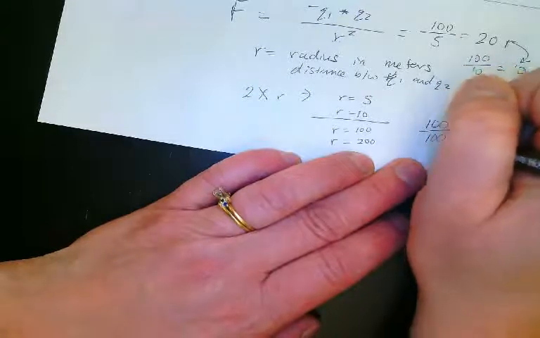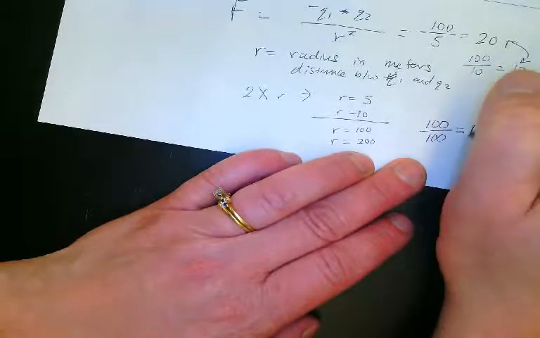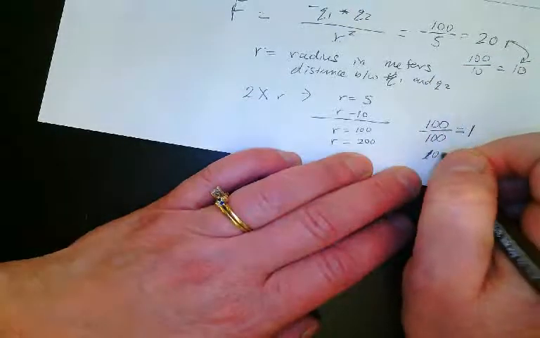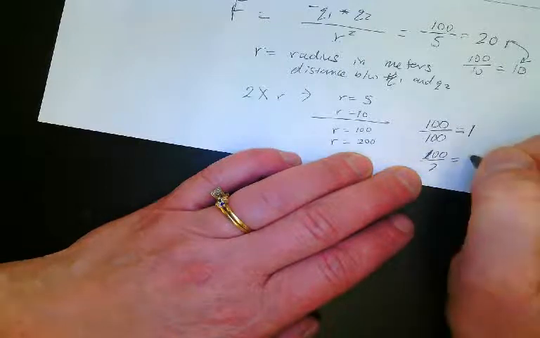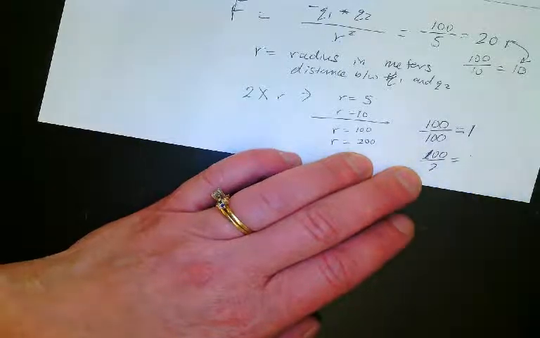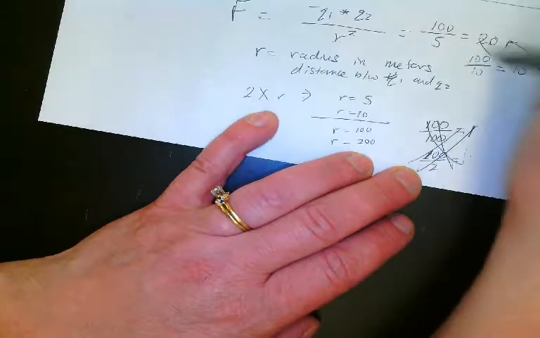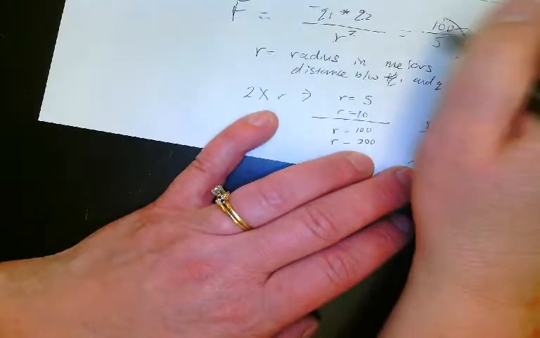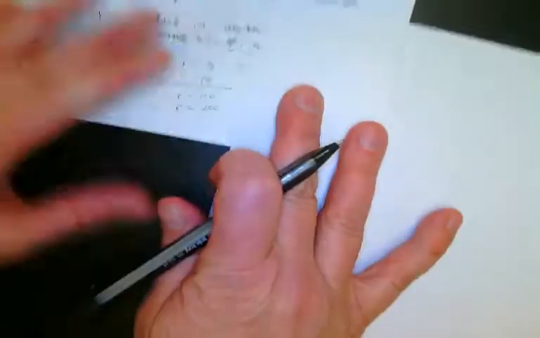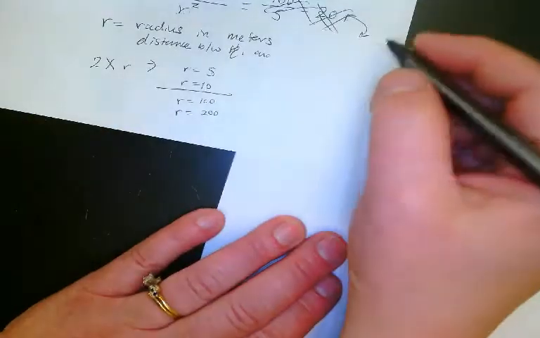So 100 divided by 100 is 1. 100 divided by 2 is... Oh, we're screwing up. What's wrong? I made a mistake. What mistake did I make? The radius is squared. Shame on me. I'm not following the equation. I need to square the radius.